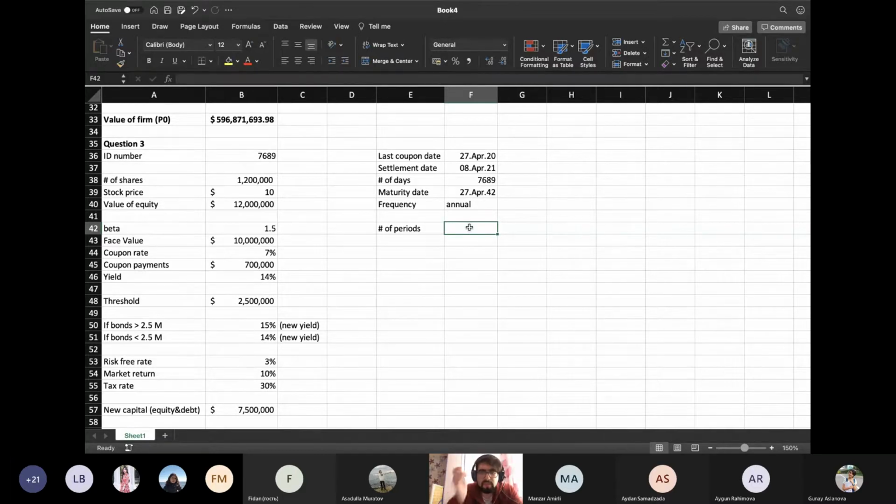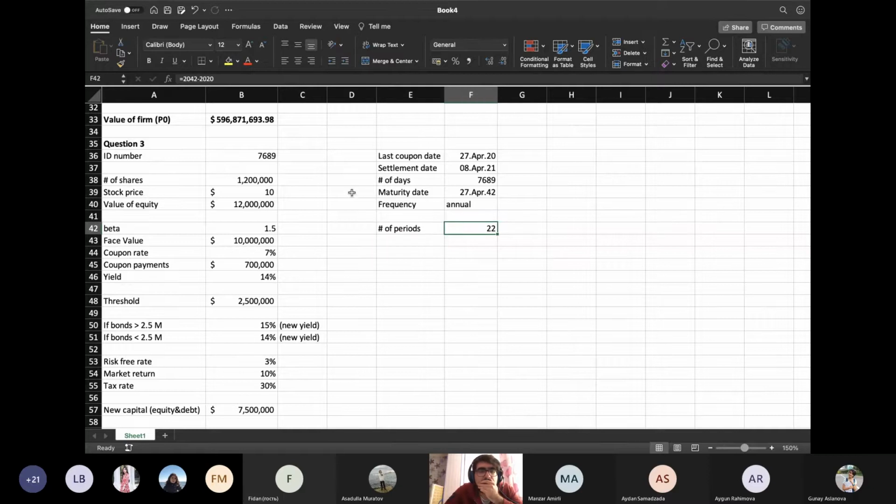So it means number of periods is there are 22 years difference, or you can write like that: 2042 minus 2020 number of periods. Yes, we need also a year annual. Okay.